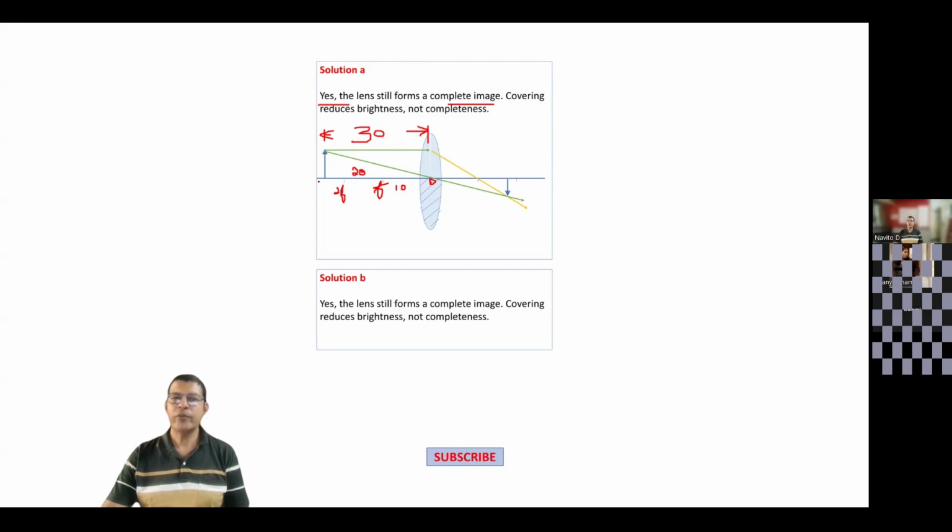That means it will be beyond 2f. When the object is beyond 2f, the image will be formed between f2 and 2f2. So you will get the full image. Covering reduces the brightness, but not the completeness. It will be less bright, but you will still see the image. Fine.